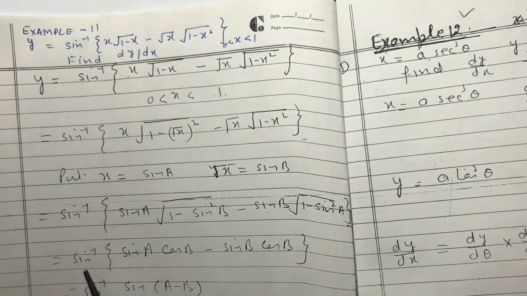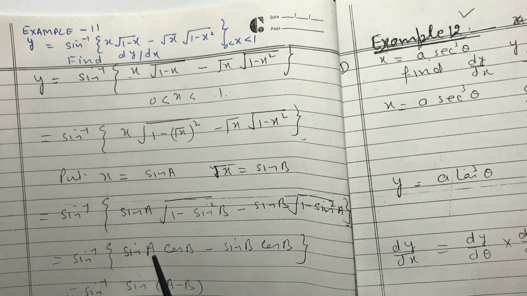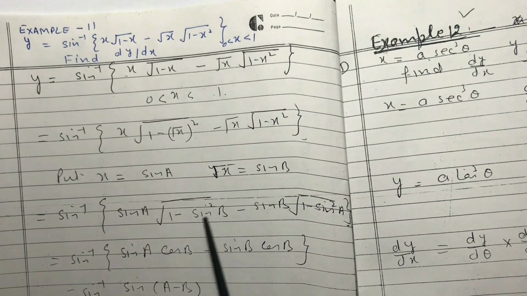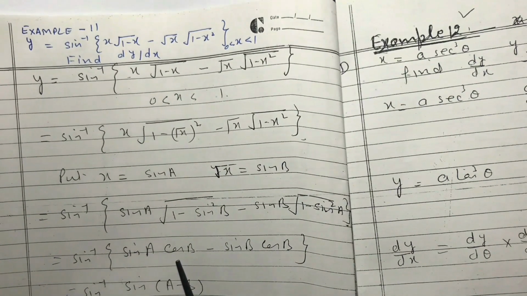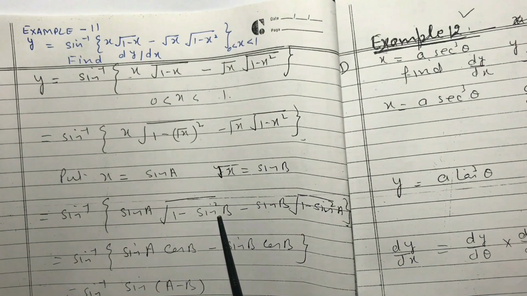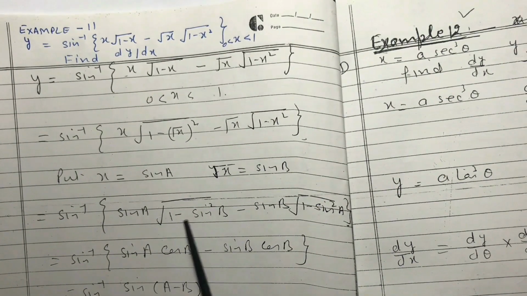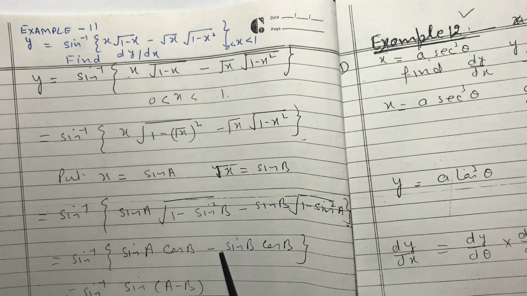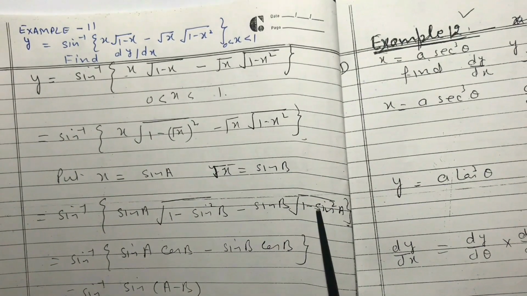Now this is equal to sin inverse sin a times root of 1 minus sin square b. 1 minus sin square b is equal to cos square b, and its root will be equal to cos b minus sin b. Similarly, this is equal to cos square a, and that is equal to cos a.